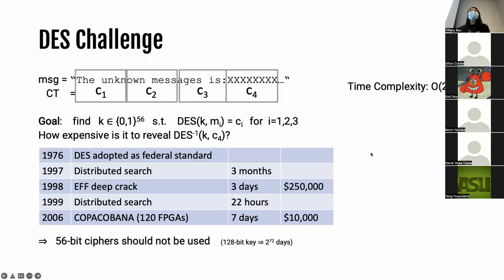And thanks to modern technology, brute forcing the key is actually not that hard. Back in 2006, if you had a modern computer and an algorithm that can brute force the key, you only needed 7 days to get the key.